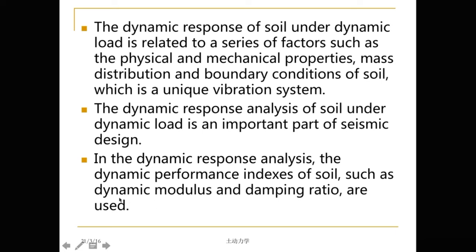Usually, we will use this dynamic modulus and damping ratio in dynamic analysis of soil. Here, dynamic modulus describes the stiffness of soil and the changing of stiffness under dynamic load. And the damping ratio describes the energy loss of the soil under dynamic load.